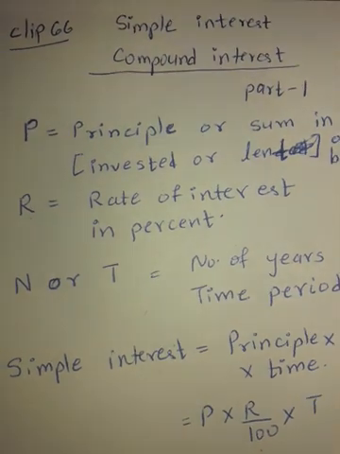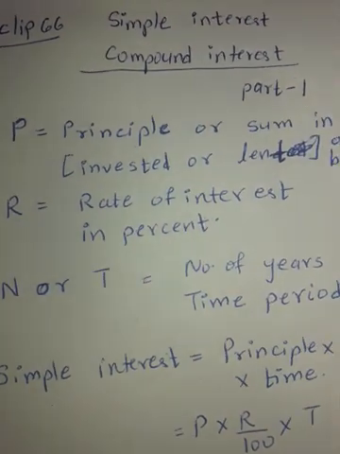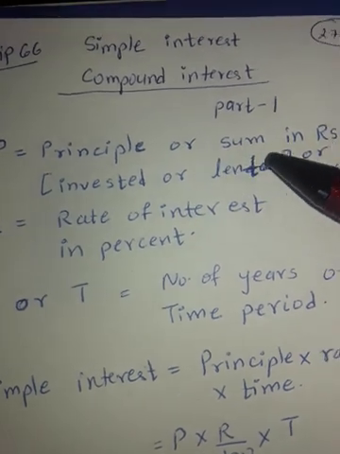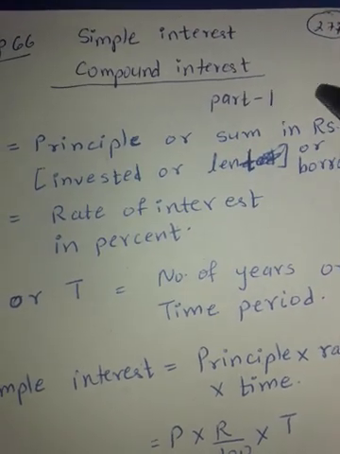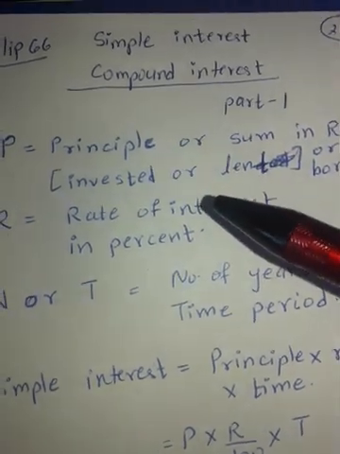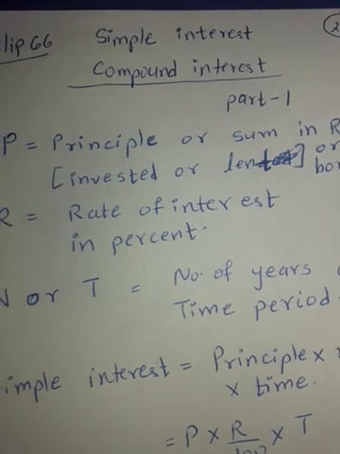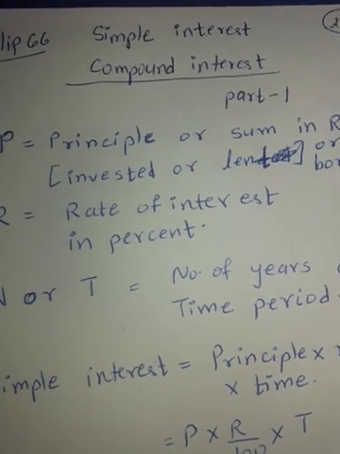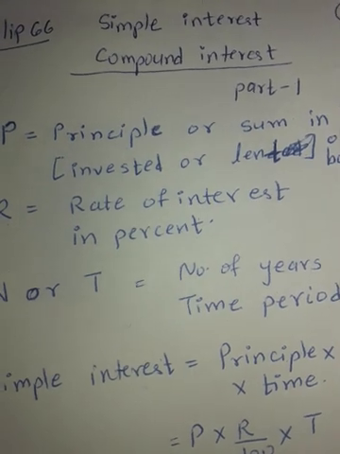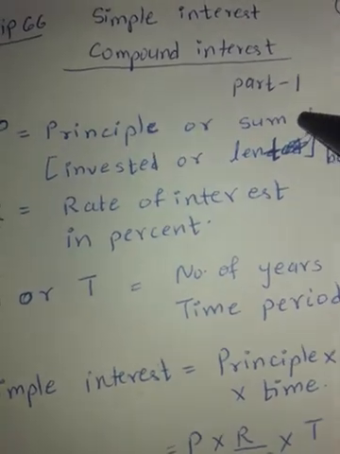First understand these terms P, R, T. P means principal or sum in rupees. What is this sum in rupees or principal? See, whenever you deposit something in a bank, like you take out a fixed deposit or keep your money in a bank account, that is known as principal or sum.